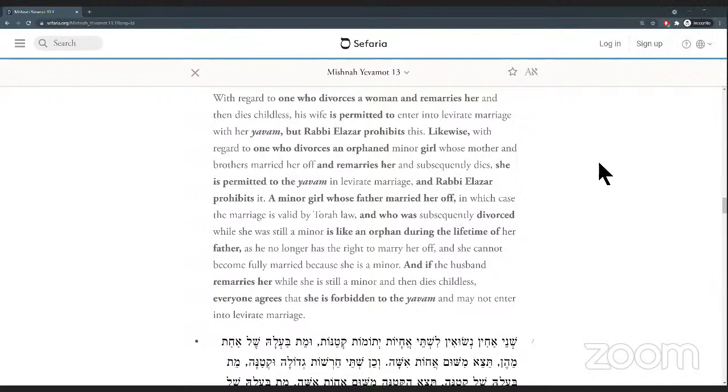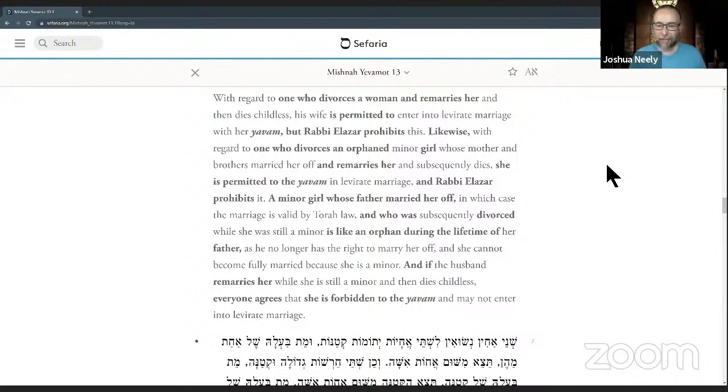Yes, clear. Okay. In the final sample, though, if they divorce from the father, the mother and brother can still marry her off, right? Yes, but in this particular case, they are. Sorry. In the third case, where the minor girl's father married her off and then she gets divorced, that's it. She is her own agent at that point.